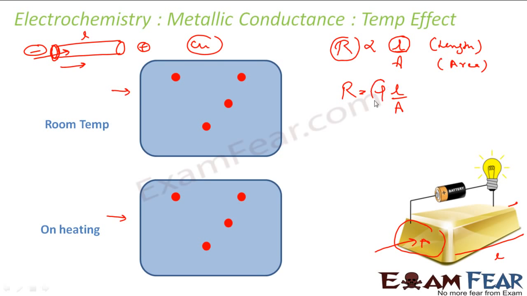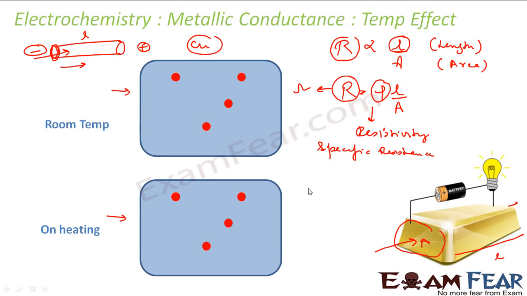So what is rho? Rho is called resistivity. It is also called specific resistance. The SI unit of this is ohm meter. Why? Because resistance is in ohm and L by A is in per meter.